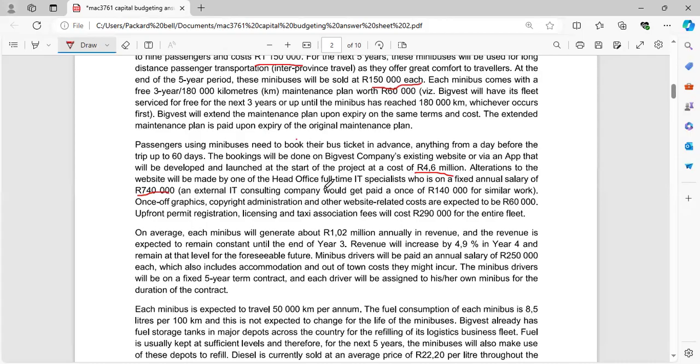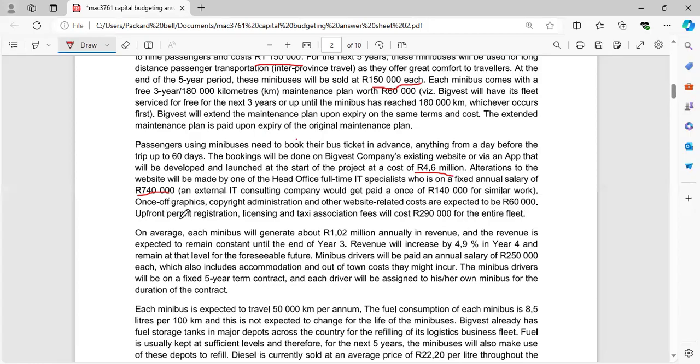So here, the guy who is going to be responsible for the alterations is a fixed employee who is earning 740. So this amount is not going to be part of our cost because it's not relevant. Remember, we say when you are answering capital budgeting questions, you must also take into account relevant cost.